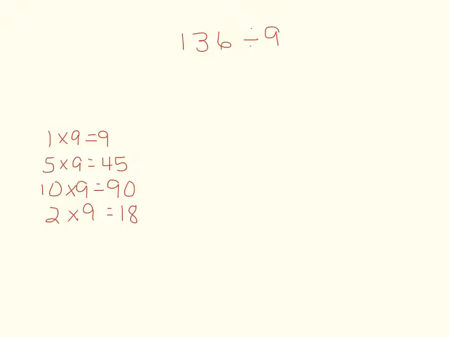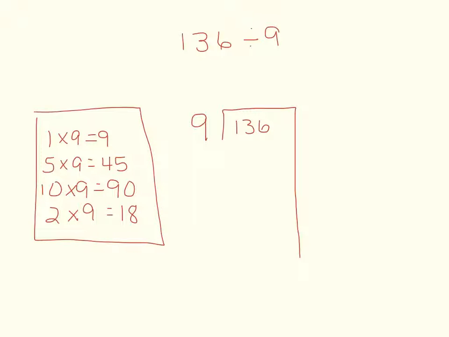Then I'm going to come over here and do 9 divided into 136. With the numbers that are here in our think box, we want to get as close to 136 as possible. And I see that if I do 10 groups of 9, it gives me 90.